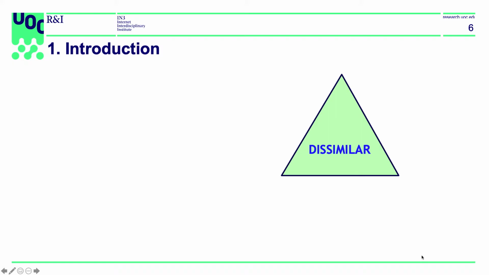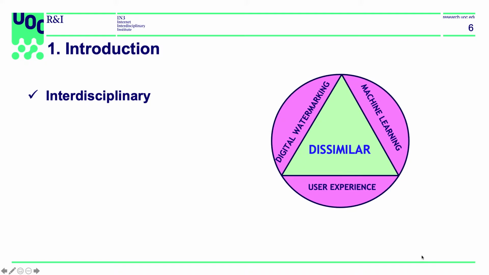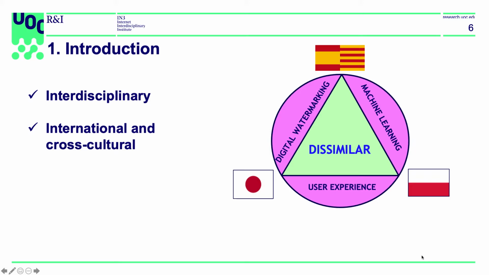So this is an overview of the DISSIMILAR project. In the DISSIMILAR project, we will be using an interdisciplinary approach combining different methodologies, techniques, and disciplines, including digital watermarking, machine learning, and the user experience. It is also an international setting with a cross-cultural approach, including analysis of users in 3 different countries: Poland, Japan, and Catalonia, Spain.